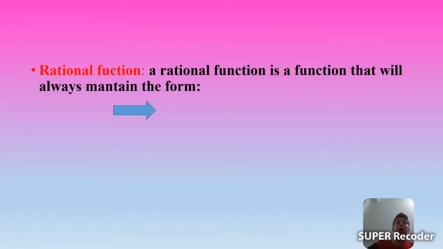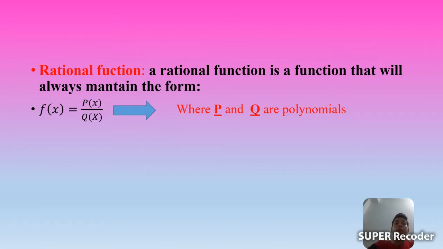And we are talking about analytical and rational functions. A rational function is a function that will always maintain the form f of x equals p of x over q of x, where p and q are polynomials.